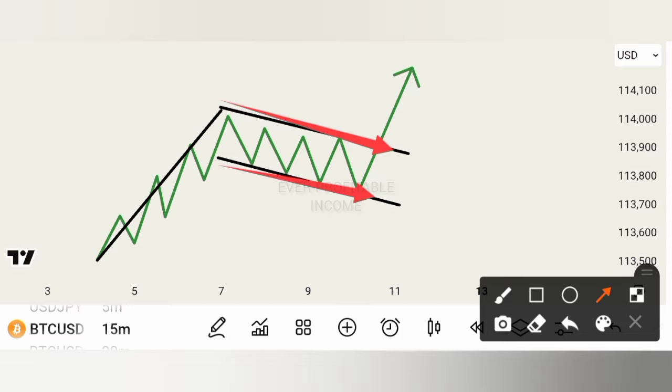The number 4 feature you should look out for to say this is a valid flag pattern is that within the flag over here, you should see a decrease in volume. The volume should decline. It should be different from the volume you have here. The volume right here should be low.